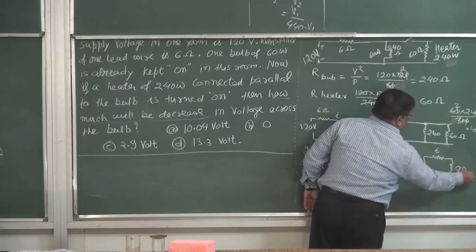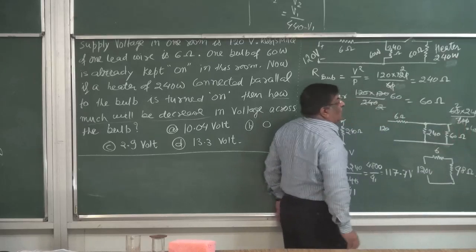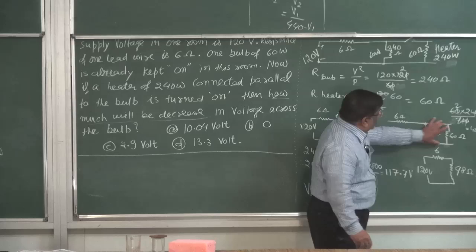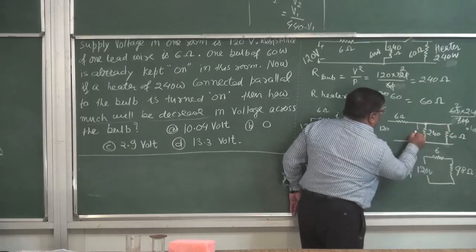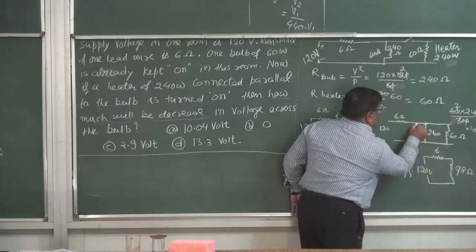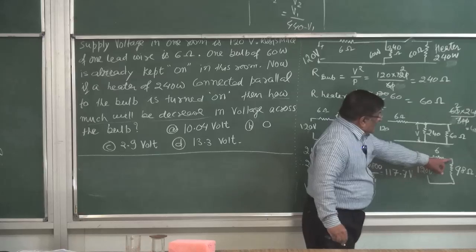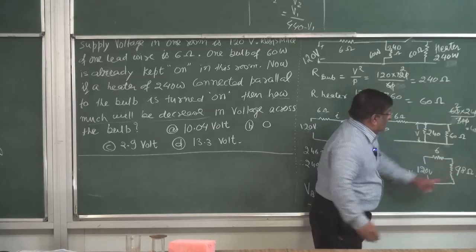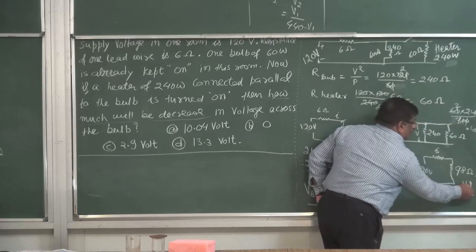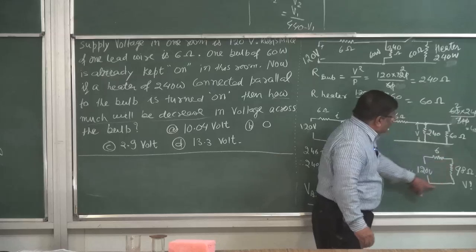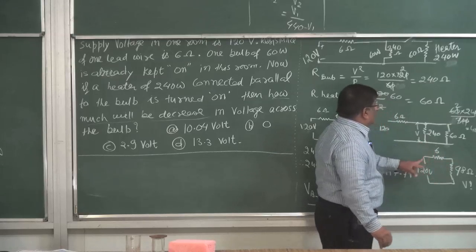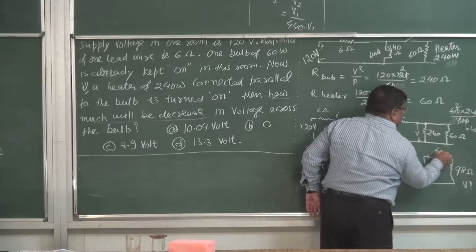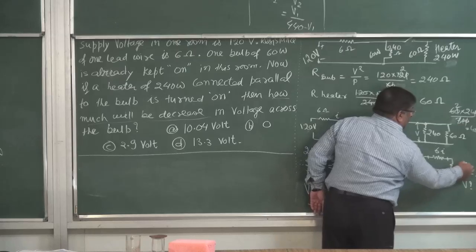48 ohm. Which voltage do we need? We need the voltage across this. What is the V across this? That is, how much voltage is there across the 48? This is the voltage we want to know. This is one branch, the current flowing is I. So what is the voltage here? 6I. What is the voltage here? 48I.